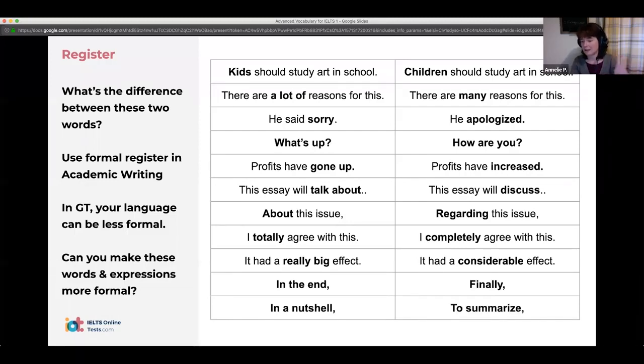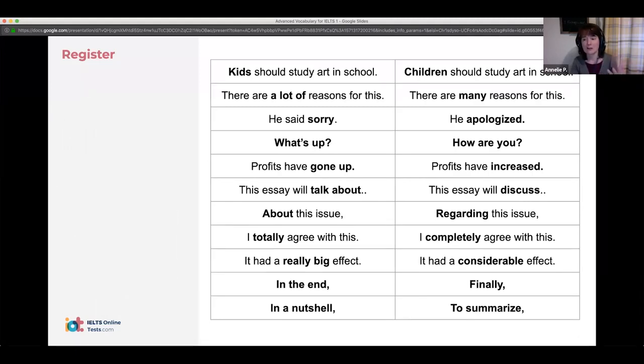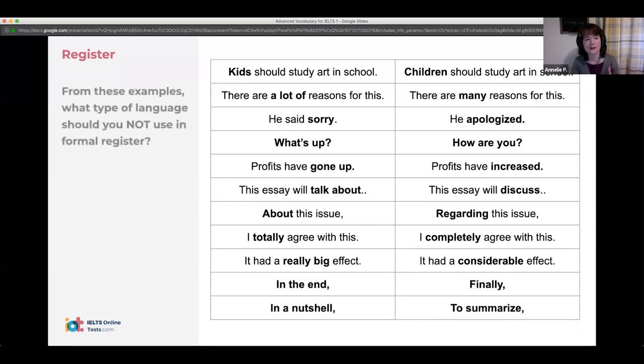So to summarize, to conclude, in conclusion, any of those would work, but avoid using "in a nutshell" to introduce your conclusion in Task 2 of the writing. It's too informal. So register is also very, very important for IELTS, to get it right.